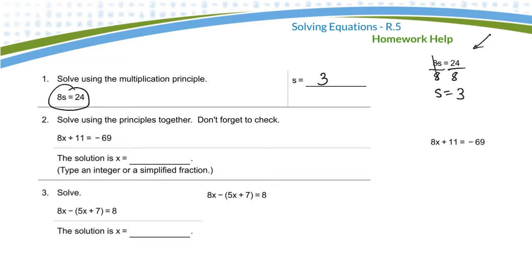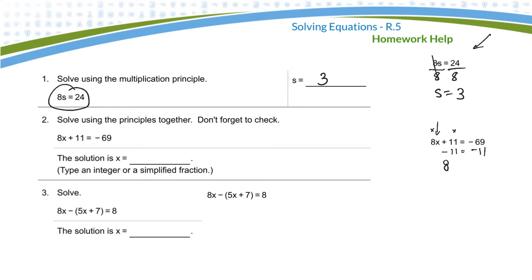Question 2, use a couple principles, so multiplication and addition. Doesn't matter what order you use them, but typically it's easier to use the addition-subtraction principle first. So I want to isolate x, so I have to get rid of the 8 and I have to get rid of the 11. To get rid of the 11, I'll do the opposite operation. If it's adding 11, I'll subtract 11, and I'll do that on both sides.